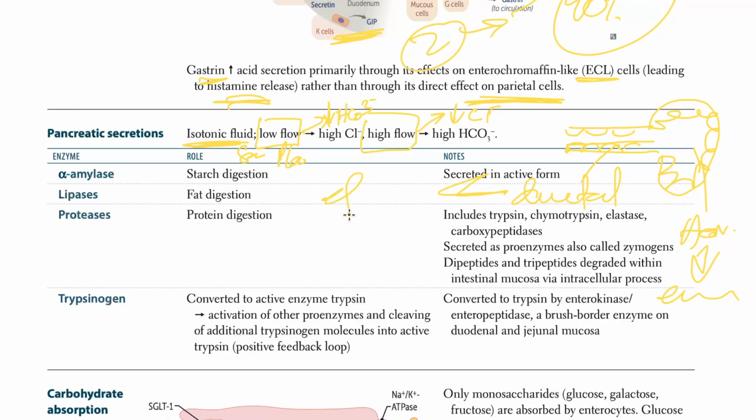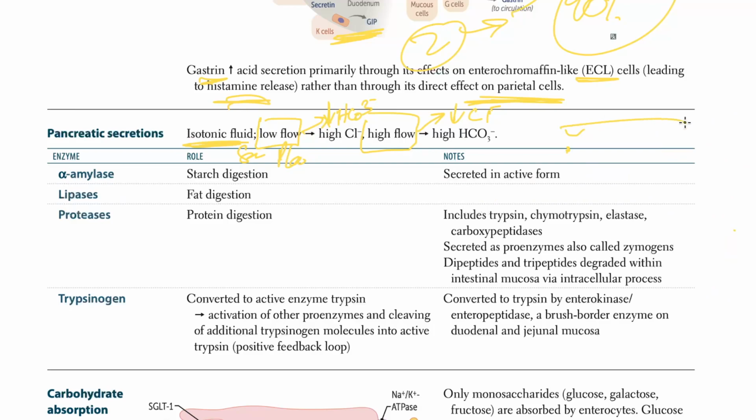So when you talk about high flow and low flow, in low flow, the flow coming out of these ducts is low, so this bicarb is going to get reabsorbed.